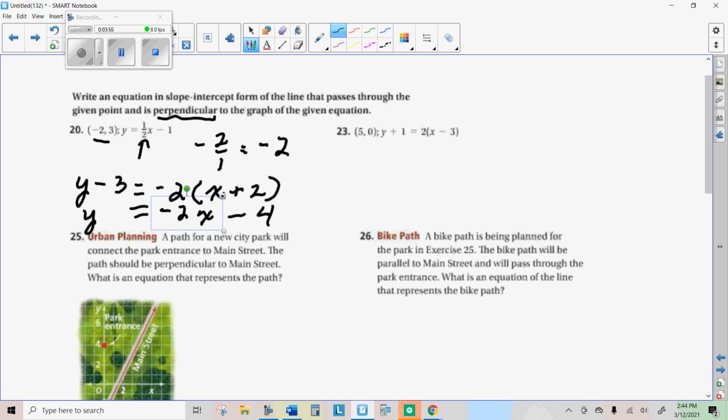And then I'm going to add 3 to both sides, and I'll have my equation. Okay, so if I add 3 to this side, I get y, which is what I want. If I add 3 over here to this -4, I get -1. So -2x minus 1 is my answer in slope-intercept form.